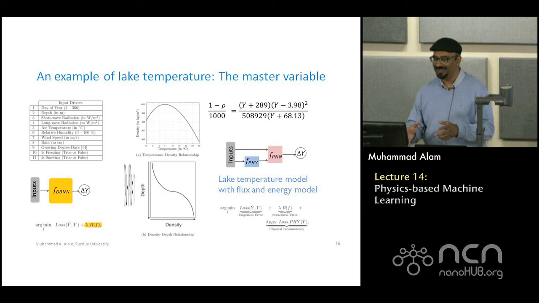The second thing is, physics tells us that for normal water, as you go deeper and deeper, the density increases. You cannot have a situation where the density is higher and then it goes down in the opposite direction. And yet, if you use a black box machine learning model, there is no such requirement. The only thing it does is reduce the loss function, reduce the error.